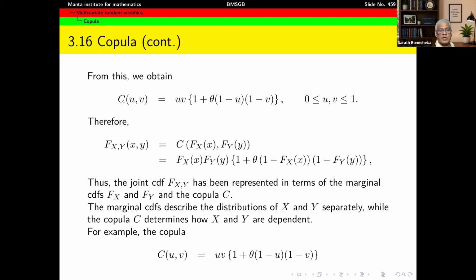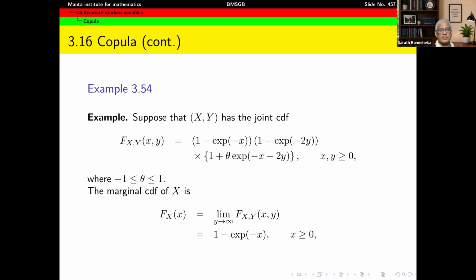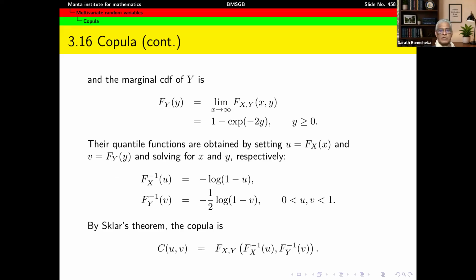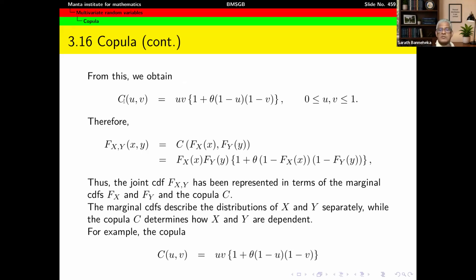Actually, I could have named it C_{X,Y}, but in this case, we are looking at only one copula. Therefore, it's okay to just mention it as C. So this is the function for the copula, right?